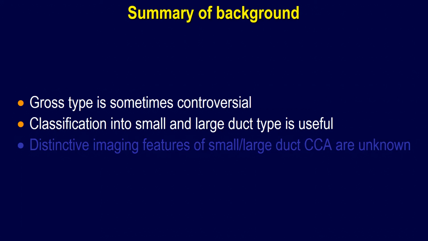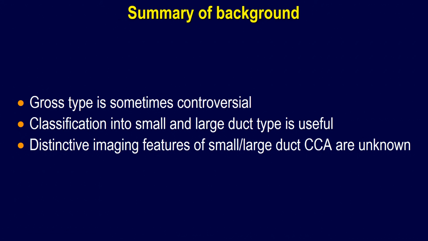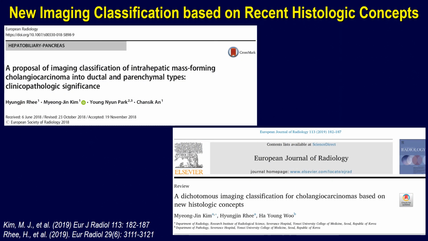However, the relationship of imaging features and this new classification is not yet well known. Therefore, we recently conducted a study to define the relationship of imaging features and the new histological classification and proposed an alternative imaging classification based on the recent histological concept.